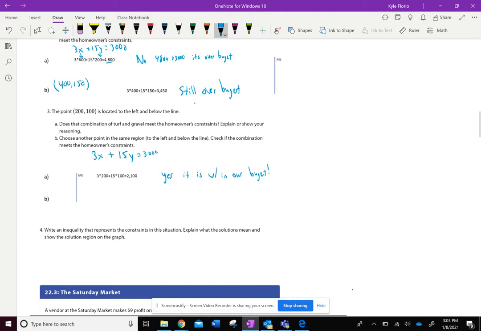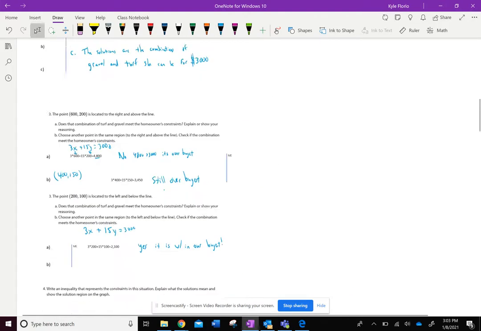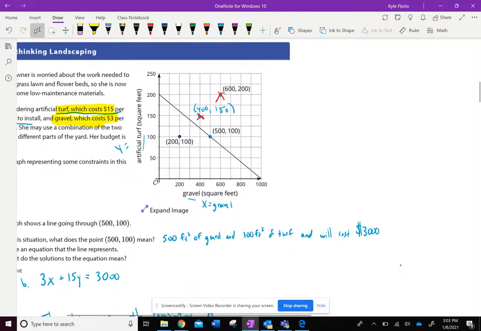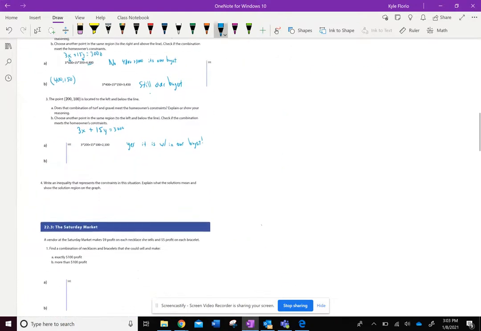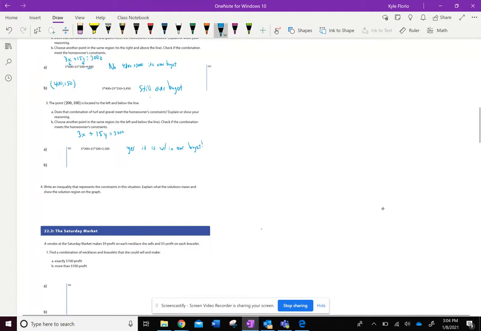Choose another point in that region and see if that combination meets the constraints. So if I want to pick another point in this region, let's use this point right here. This is 100 square feet of gravel and 50 square feet of turf. So let's use that equation again.